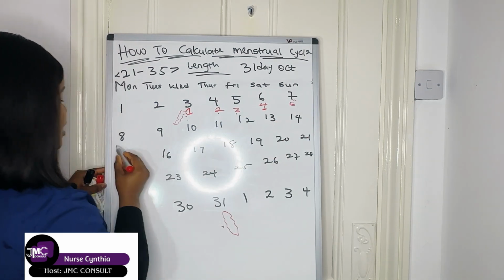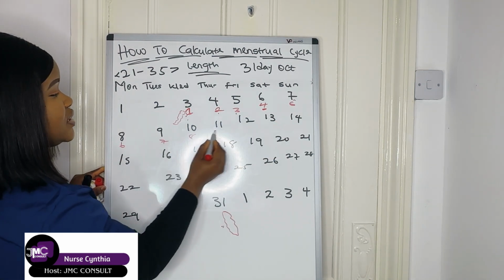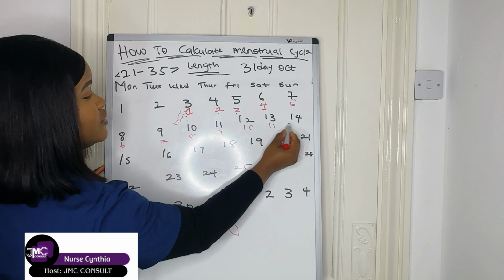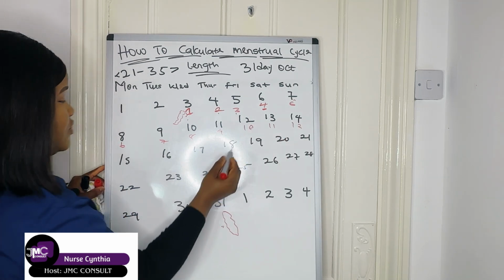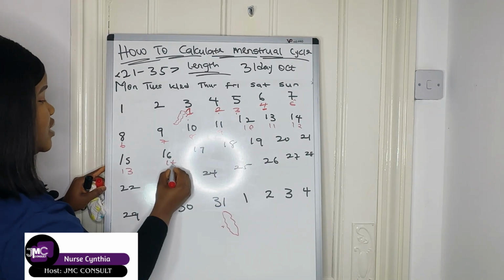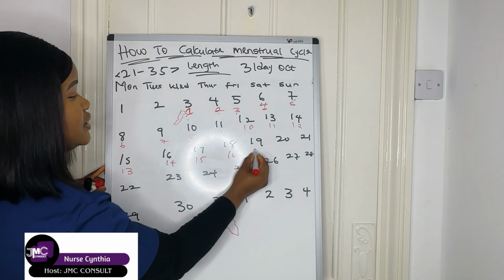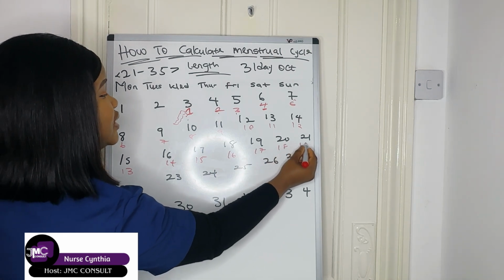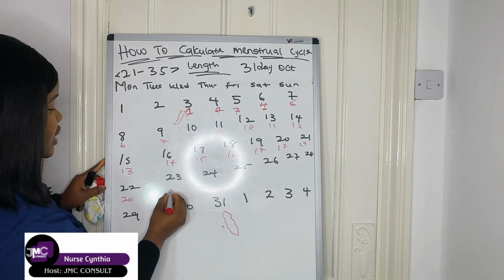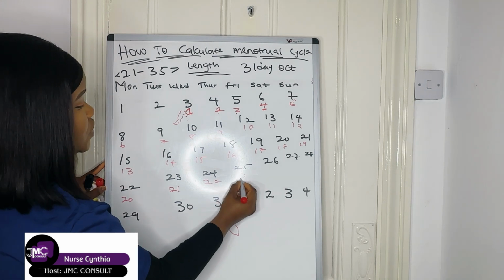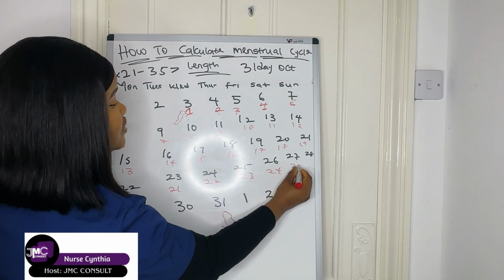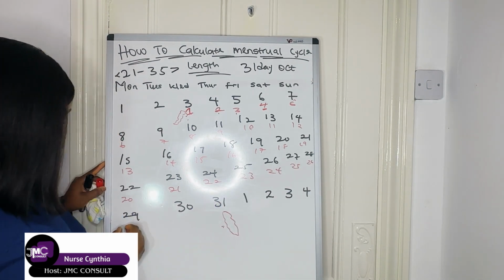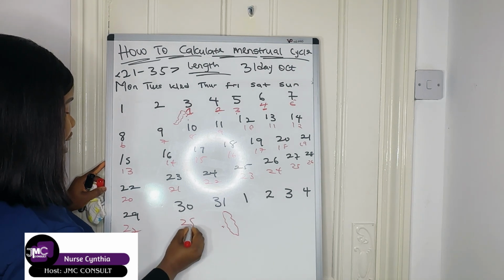4, 5, 6, 7, 8, 9, 10, 11, 12, 13, 14, 15, 16, 17, 18, 19, 20, 21, 22, 23, 24, 25, 26, 27, 28.